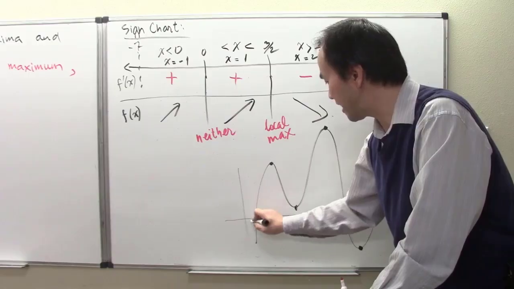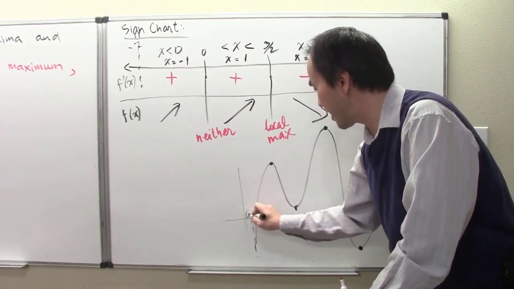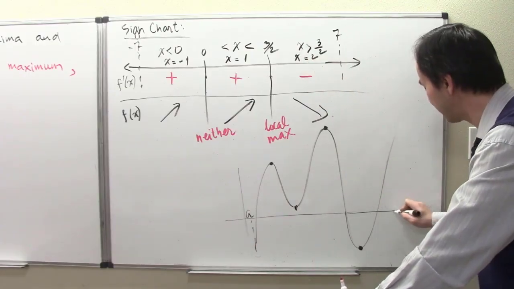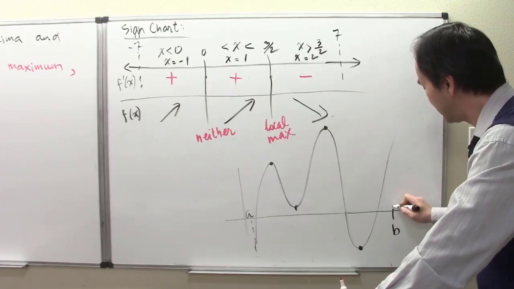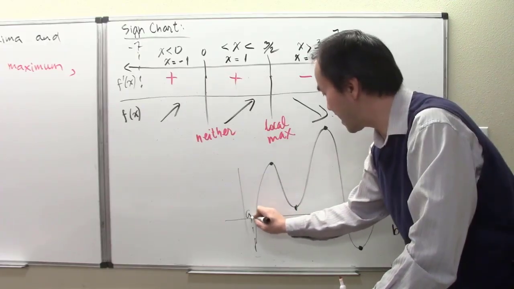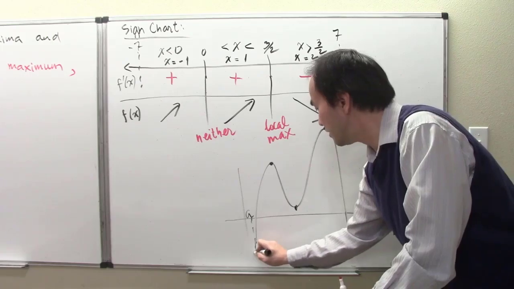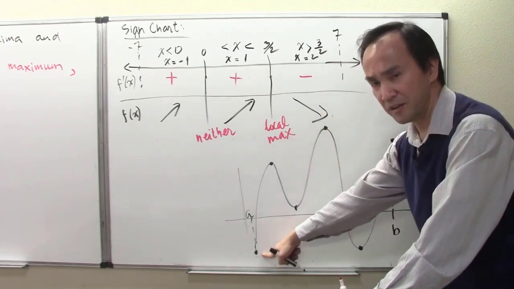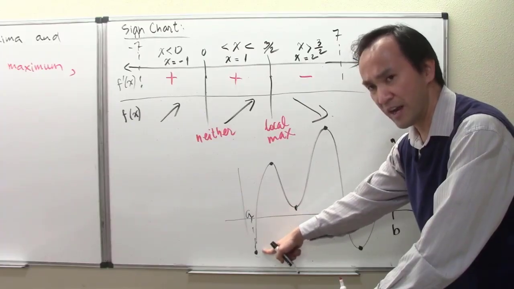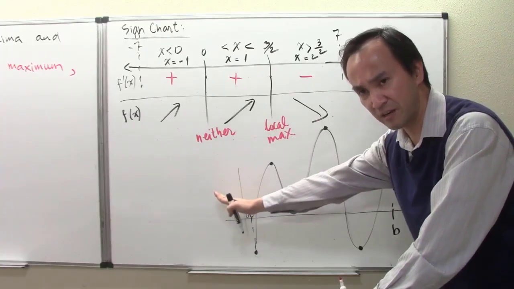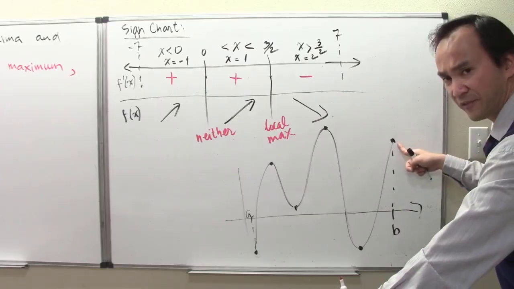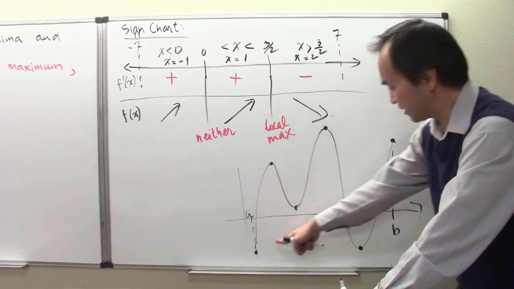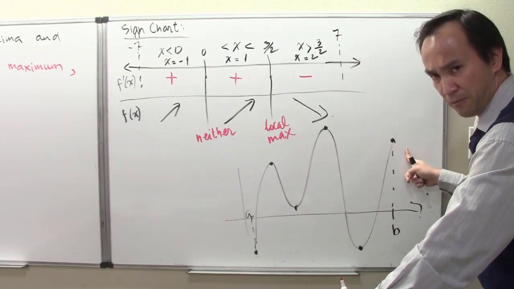So we restrict our function from some value A to some value B. And so at A and B, we have the two endpoints. There's a left endpoint, the point on the graph corresponding to the left end of the interval, and the point on the graph corresponding to the right end. So there's a left endpoint and a right endpoint on the graph.